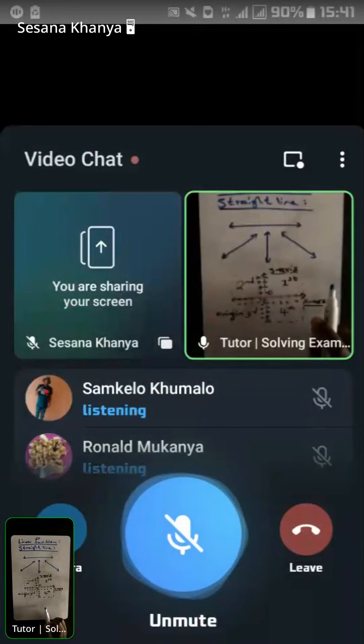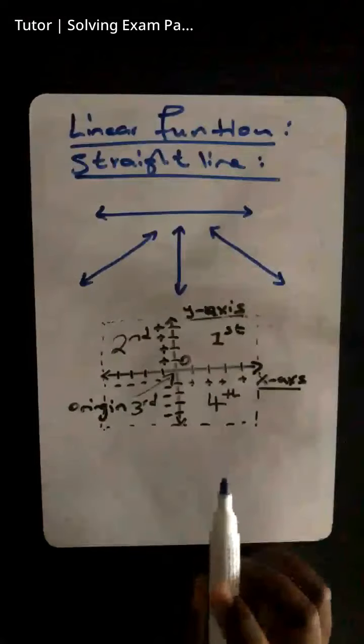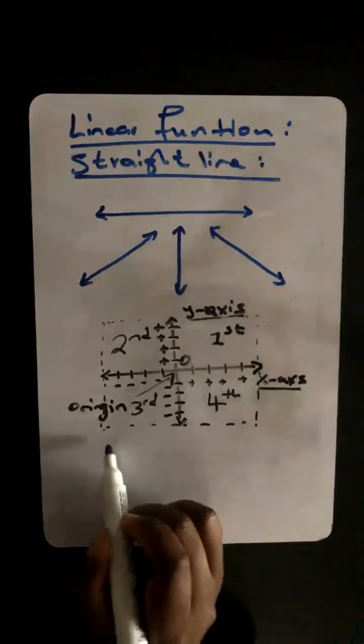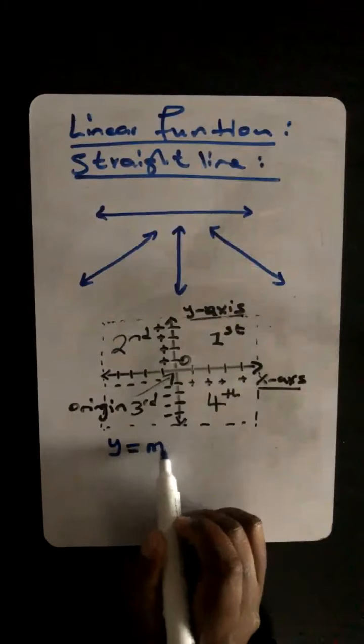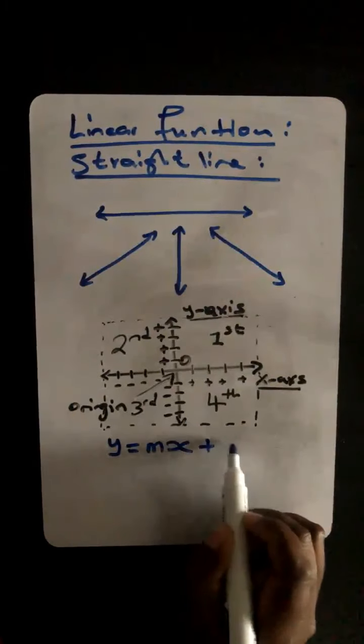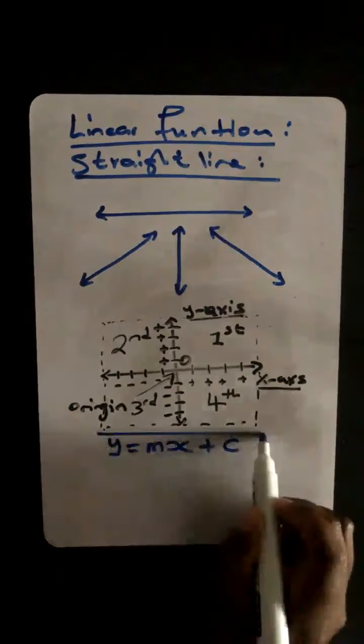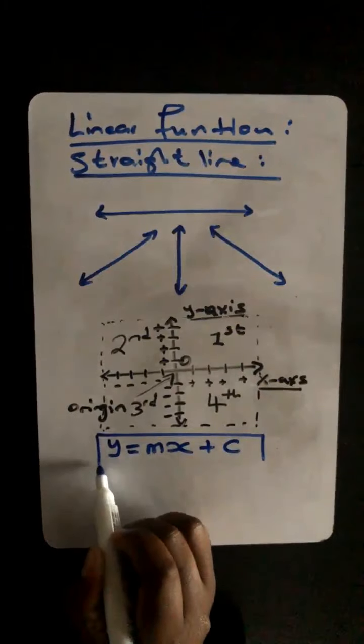So ladies and gentlemen, now what I want to explain is the general formula for a straight line. So it's y equals mx plus c. So this is the general formula for a straight line.